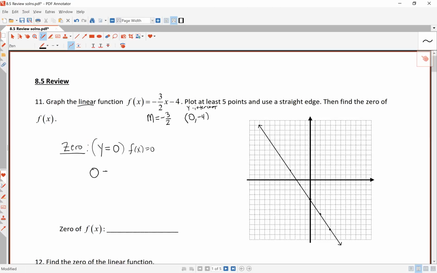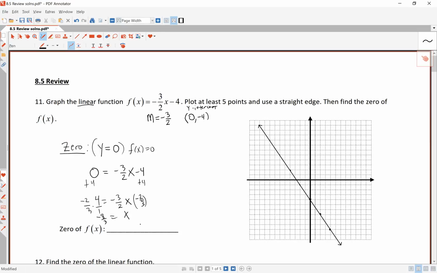And so we solve 0 equals negative 3/2 x minus 4 by adding 4 to both sides and multiplying both sides by the reciprocal, negative 2 over 3. That gives us x by itself, and we get negative 8/3.